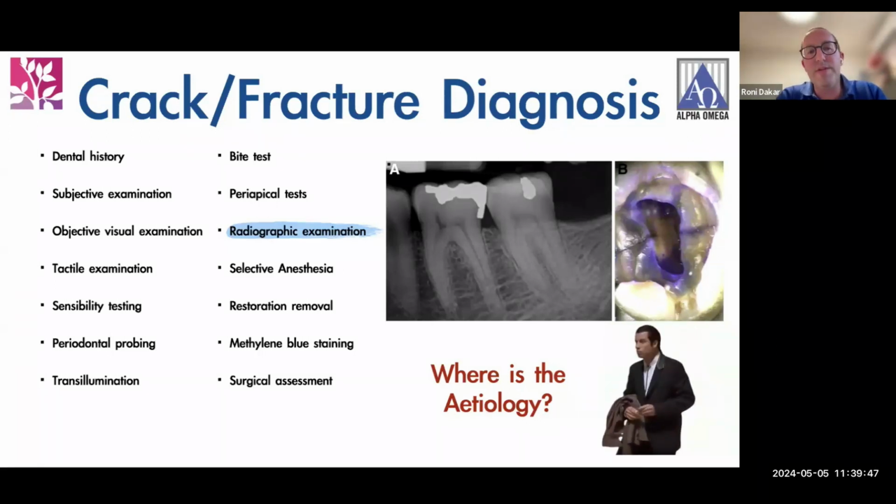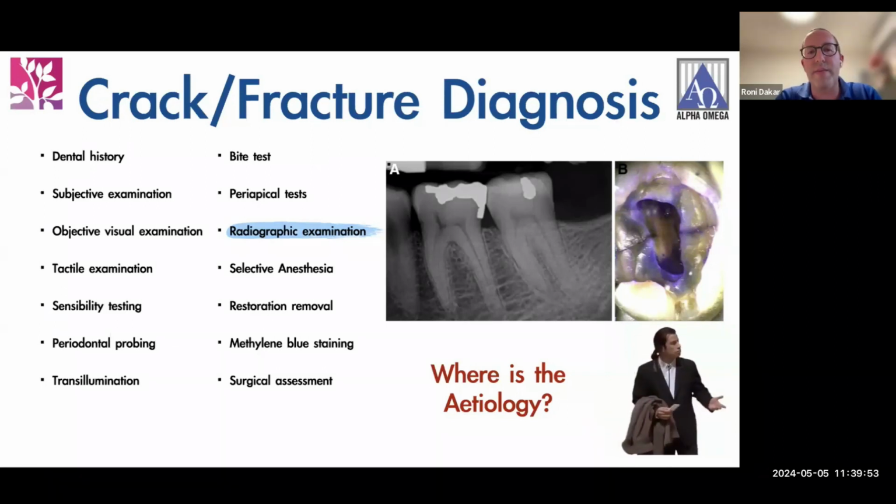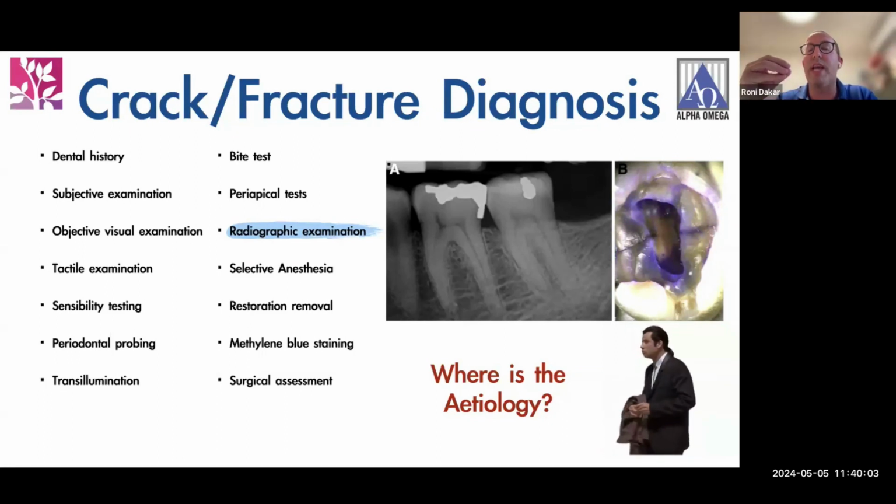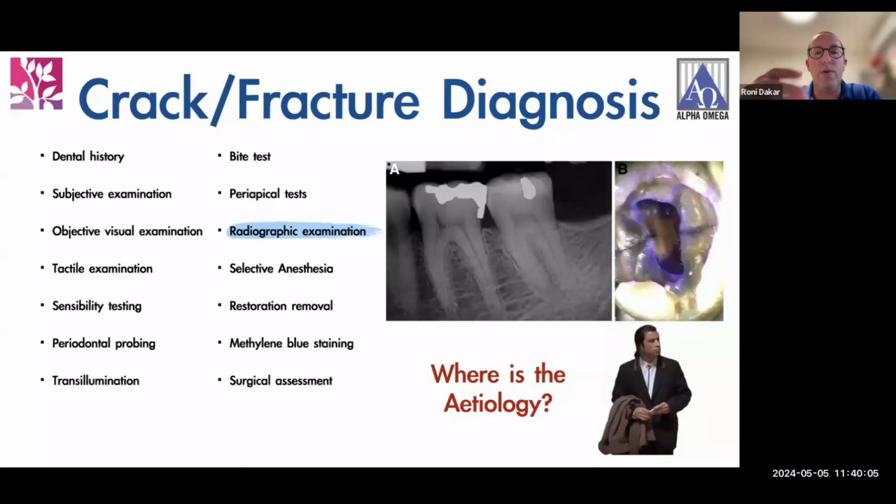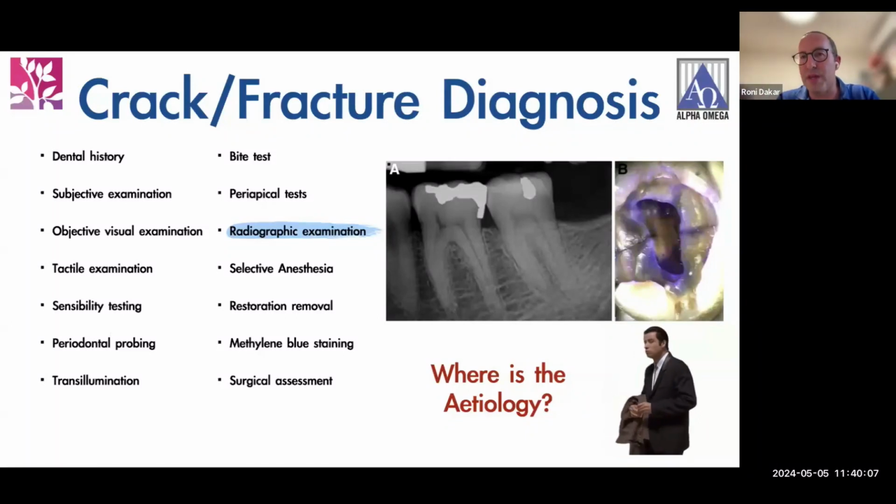And this brings me to the most common story: a patient comes with a new crack. The patient arrives complaining of pain when chewing, cold, sometimes even severe pain, sometimes even pulp necrosis already, and we take an X-ray and we don't see anything, nothing.